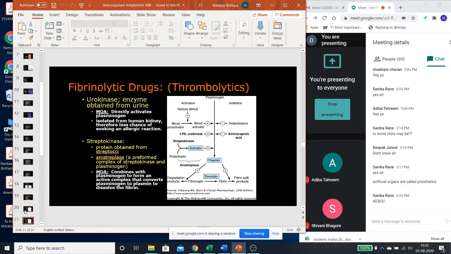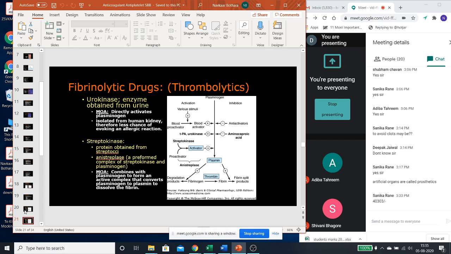Next in this class is urokinase. I told you urokinase is an enzyme obtained from urine. It directly activates plasminogen. It is isolated from human kidney, and there are fewer chances of an allergic reaction. All enzymes are proteins, you know.